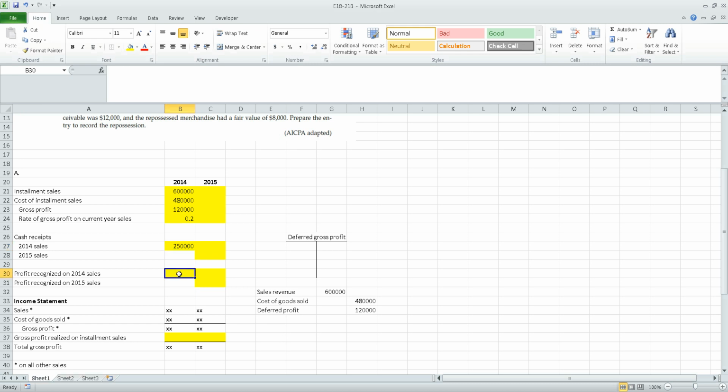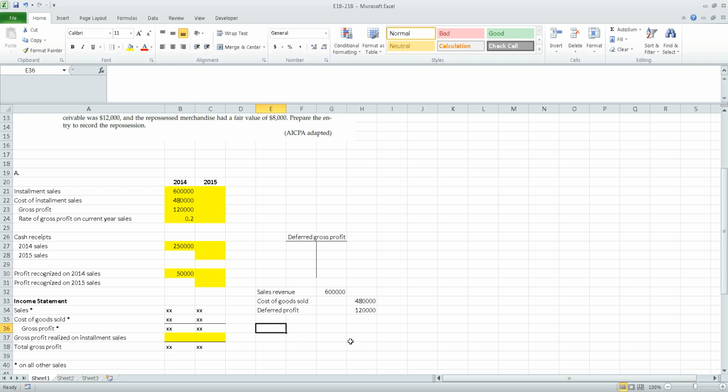So the amount of profit that we should recognize is calculated by taking this $250,000 cash collection amount and multiplying it times the gross profit rate on 2014 sales of 20%. So $50,000 is the amount of gross profit that we want to recognize this year.